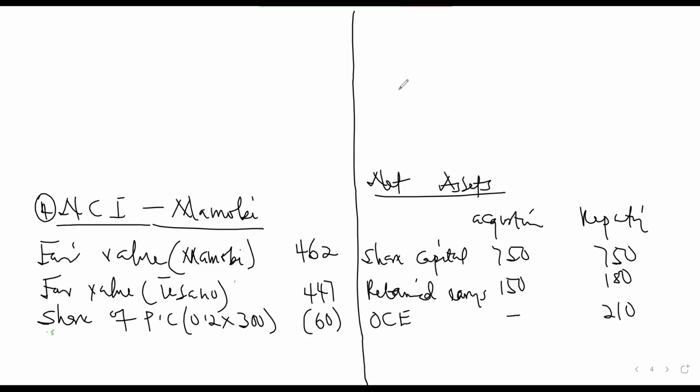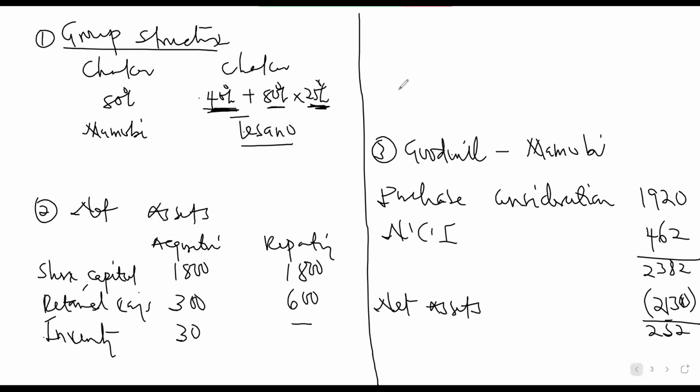But it has been included in inventory, so we subtract it from inventory and bring it as an expense under the net assets.